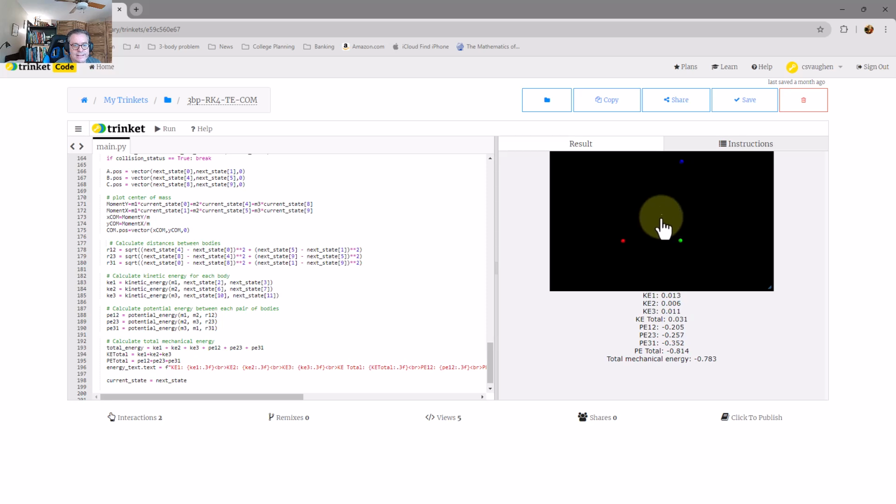And there I can see the center of mass, and I can see the total mechanical energy as the value that I expected.